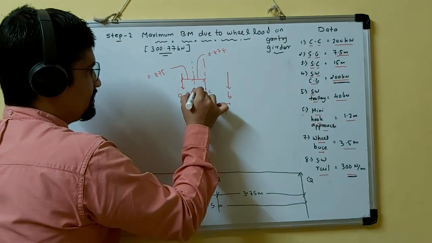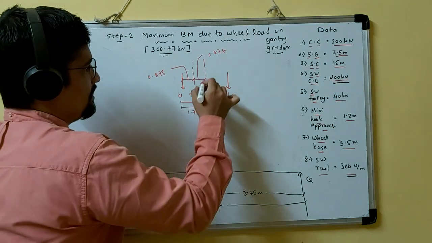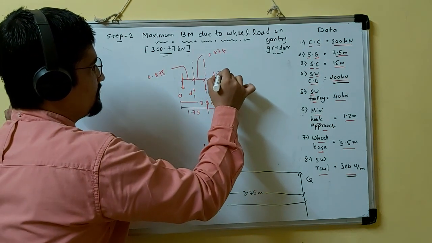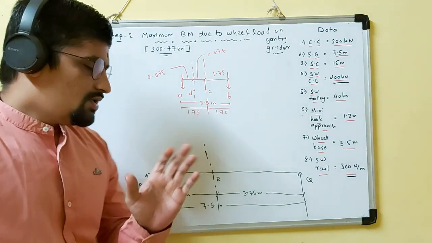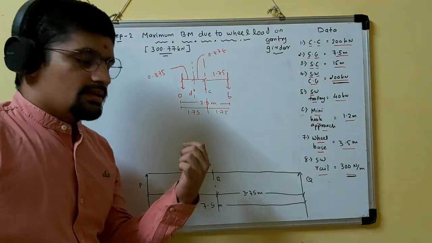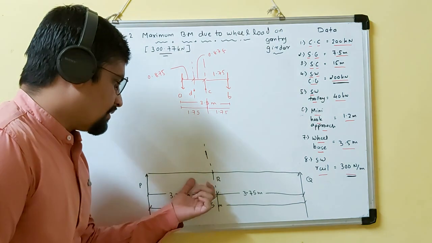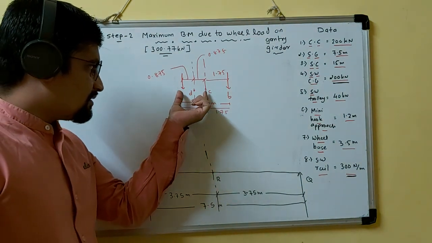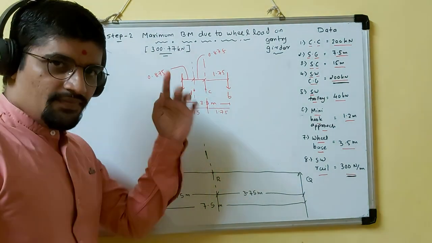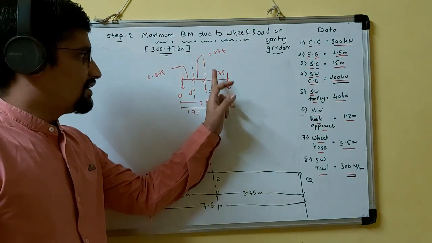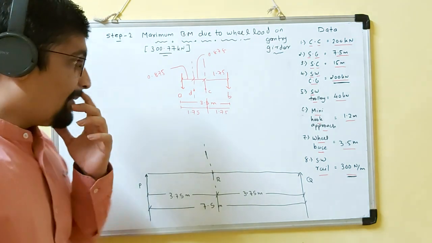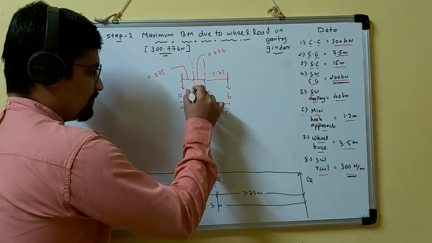The center of this point is known as D, and this will be 1.75 itself. Means the wheel which we want to place nearer to the center of the gantry girder, take the center distance between them two. If we want to place B wheel, then take the center distance of C and B. Now this D will directly be put here.